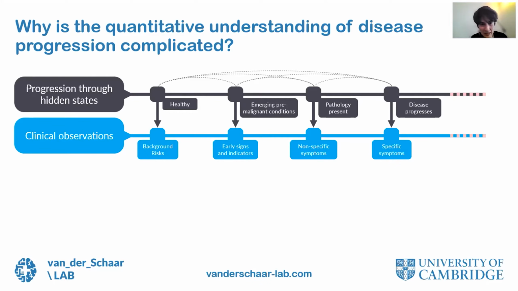Because this is not observed. We only make observations that are driven by the hidden state of the disease, but the underlying disease state is not known, and the probabilities for this particular patient to transit to another state is unknown.